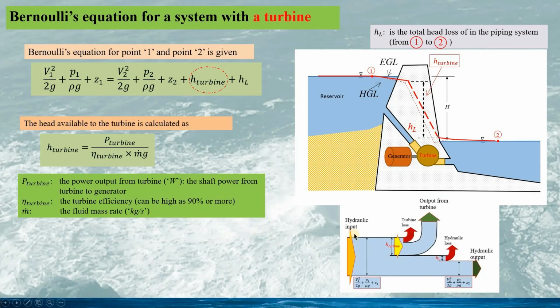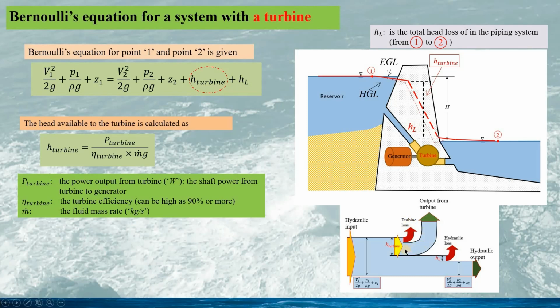So this is the flow chart for the hydraulic system with the turbine. We have the hydraulic input from this side. So this represents the left-hand side of the Bernoulli's equation. Part of the hydraulic head, H turbine, here, and part of the head would be lost due to the friction in the turbine.